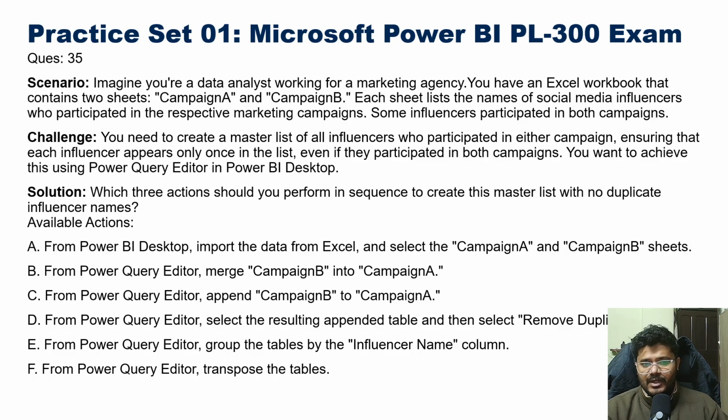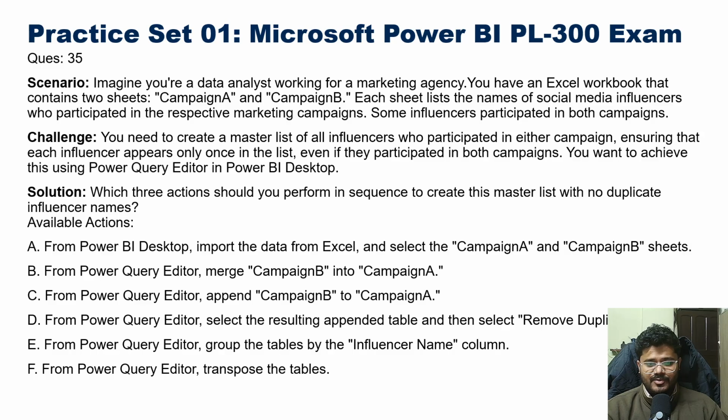The challenge is you need to create a master list of all the influencers who participated in either campaign, ensuring that each influencer appears only once in the list, even if they participated in both campaigns. You want to achieve this using Power Query Editor in Power BI Desktop. Which three actions should you perform in sequence to create this master list with no duplicate influencer names?